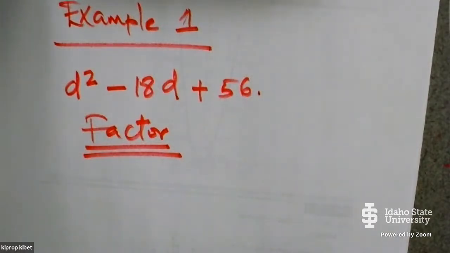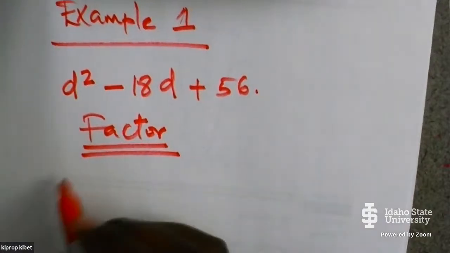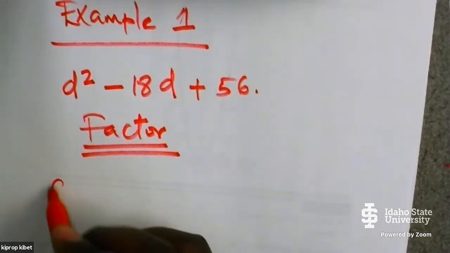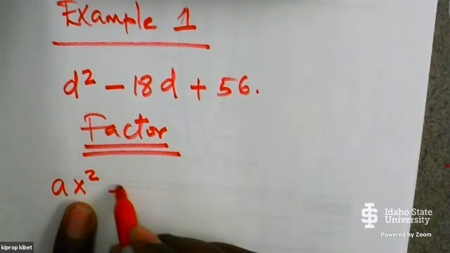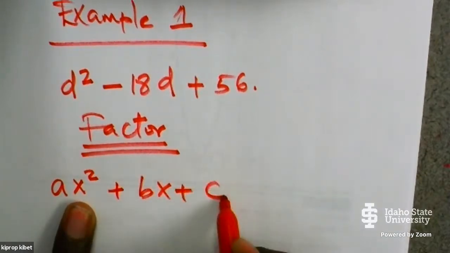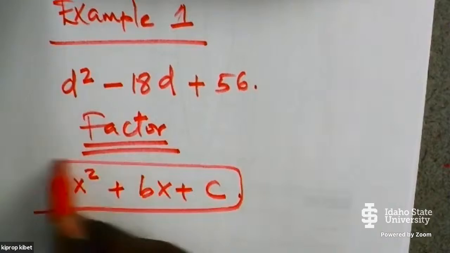There are two methods of solving this. We have the trial and error method, which we are not going to use, and the AC method that we're going to use. Let's say you have ax squared plus bx plus c. It's always like this, a trinomial.